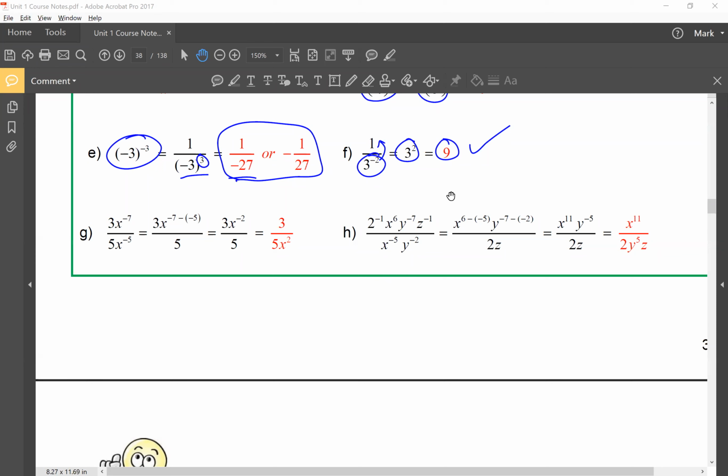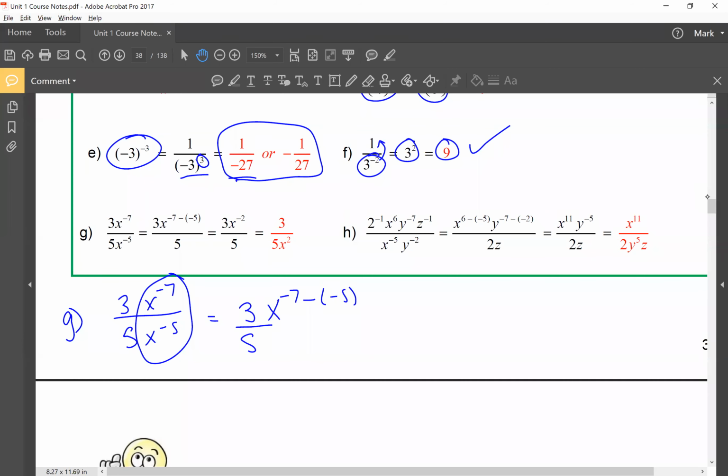All right, sorry. G, 3x to the -7 over 3x to the -5. Now, the first thing you do with this question is follow the rules of exponents, meaning first thing I'm going to do is subtract these exponents because they are divided. Now, -7 subtract -5.